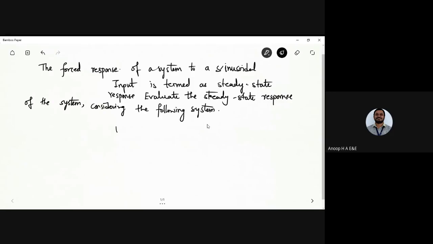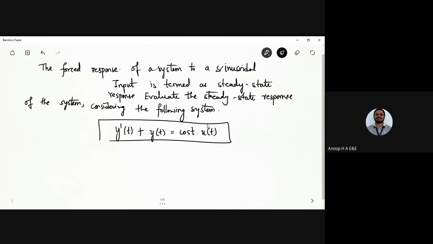Now, how is the differential equation? y'(t) + y(t) = cos t u(t). As I already told you earlier, this is the differential equation model.